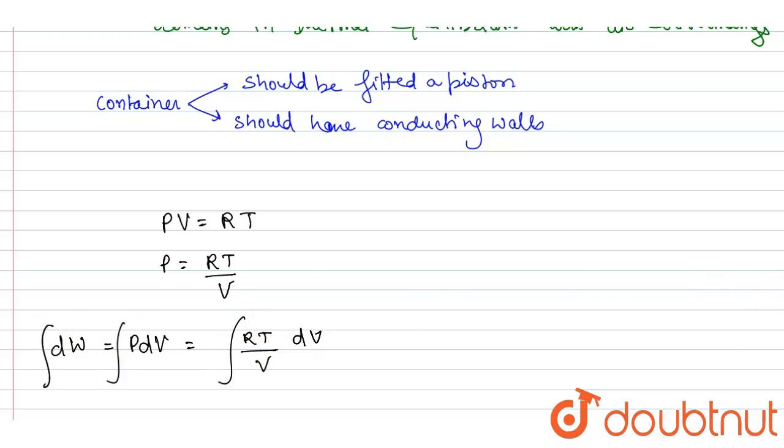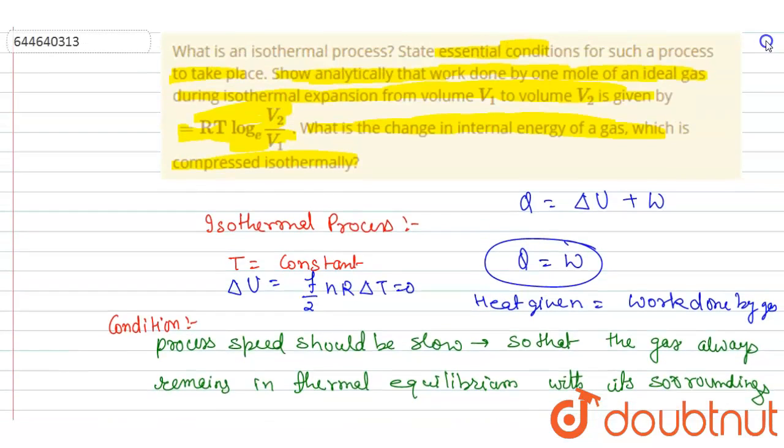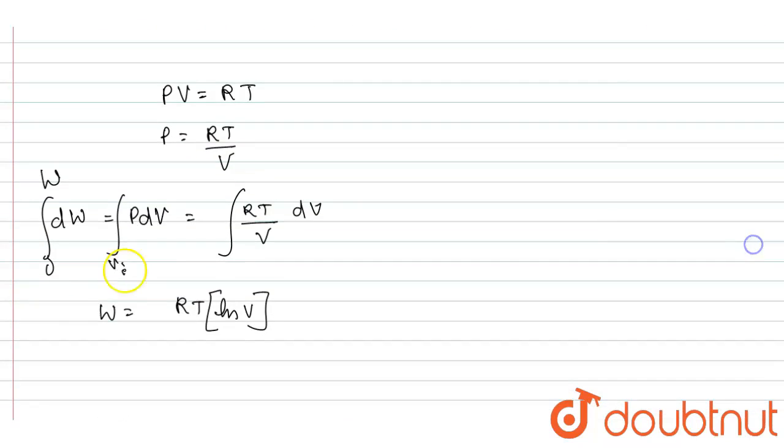If you integrate it, since RT is constant, I will put the limit on V, ln V. So this will be the work done. In the question, it is given that the gas is expanded from V1 to V2, so I will put the limit from V1 to V2.